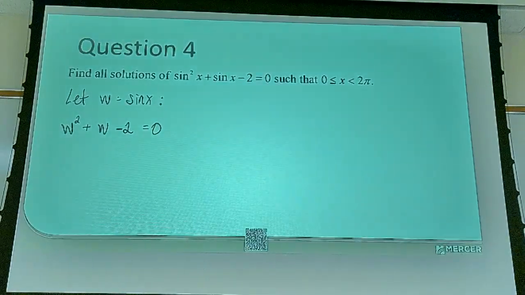Can that quadratic be factored? So it was W squared plus W minus 2. What does it factor to?